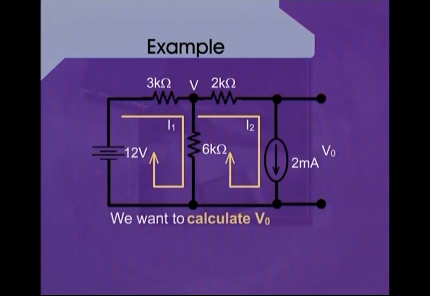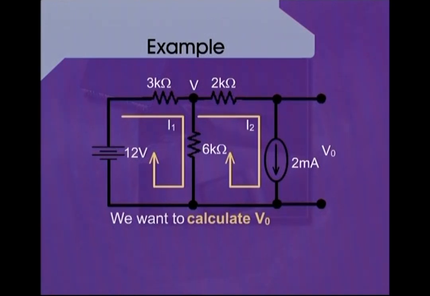Now we also consider that the current passing through the mesh 1 is I1, and it is passing through the whole mesh in the clockwise direction. For the mesh 2, we also have shown the path of the current passing through this mesh, and coincidentally this is the same path which has been used in the current source.